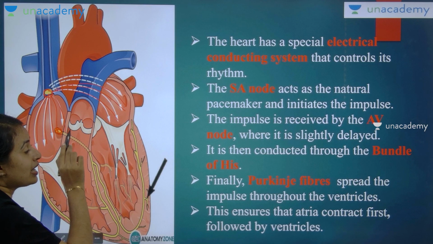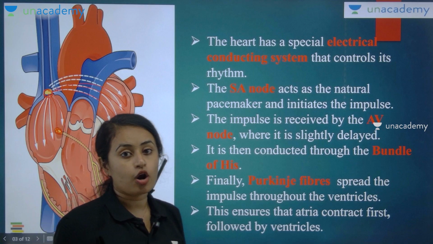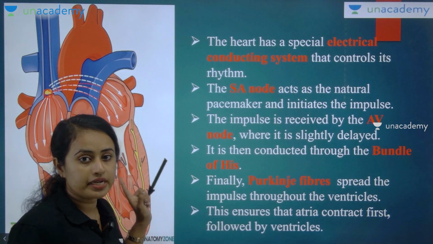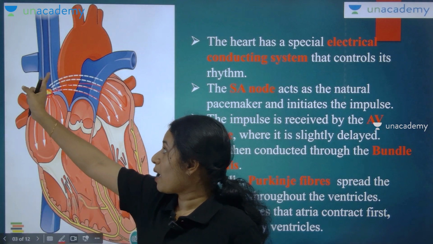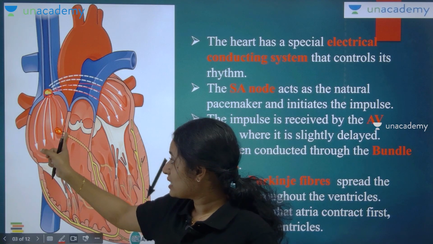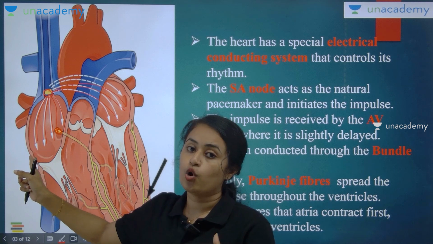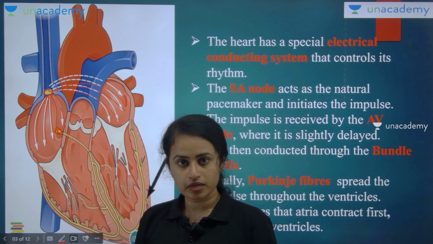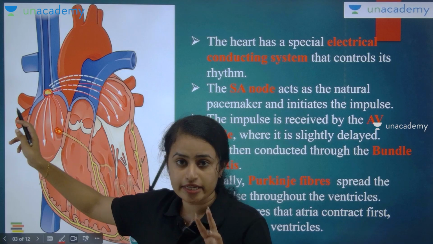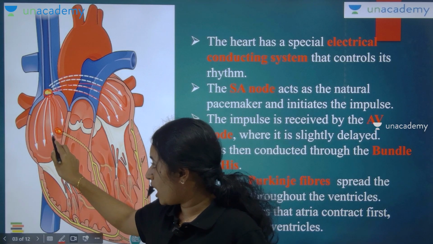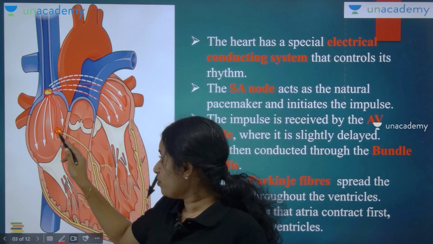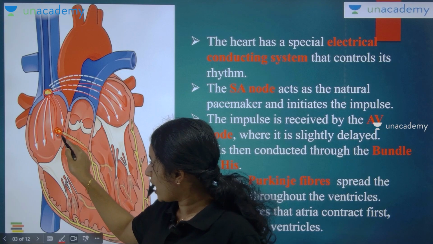The sinoatrial node is present on the right upper corner of the right atrium, and the AV node, the atrioventricular node, is present on the left lower side of the right atrium. Clear? So from the sinoatrial node, it passes into the atrioventricular node, and from the atrioventricular node, it passes into the atrioventricular bundle.